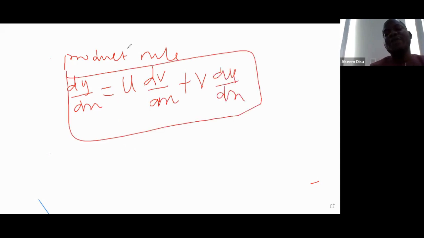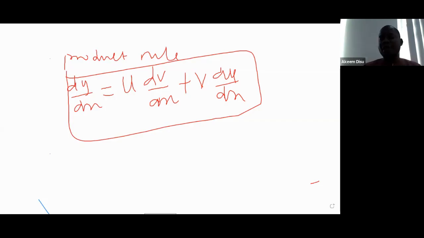This we've learned is most important because it's the one that we are going to use to solve problems. Let us see how we can use this to solve problems.